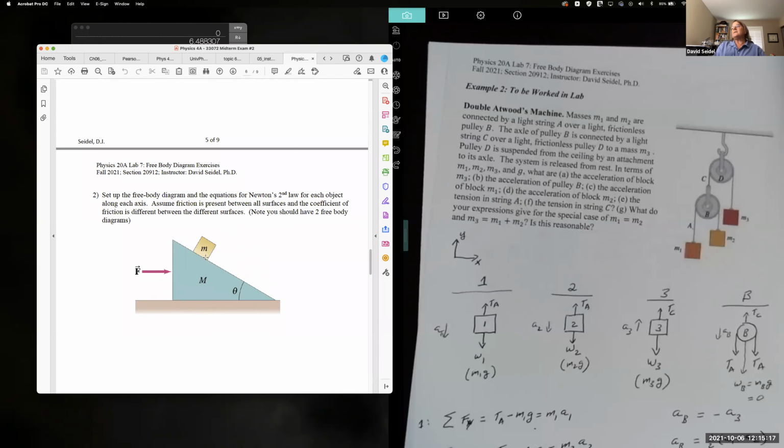That could be this way, it may well be this way acting on big M. If you choose your friction direction wrong, you'll get a negative sign when you work out the problems if you keep it all straight. Okay? But write out the problem.